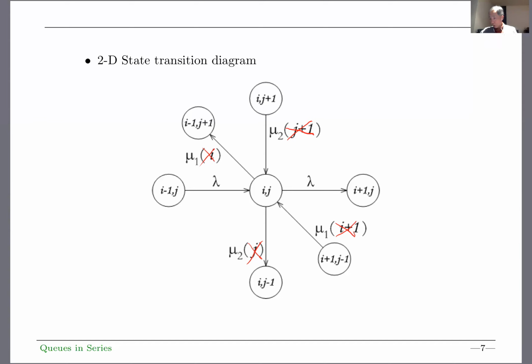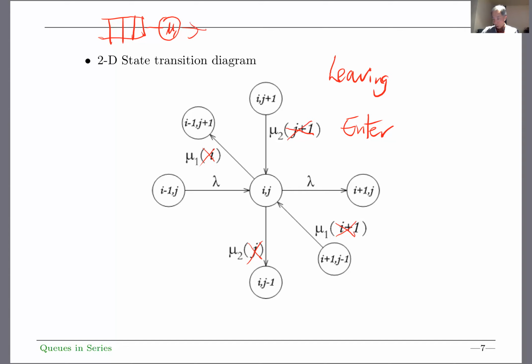Okay, so what is the leaving part? Leaving part, okay, and there is the entering part. Now, what are we looking at? We're looking at two queues in series. And this is mu1.